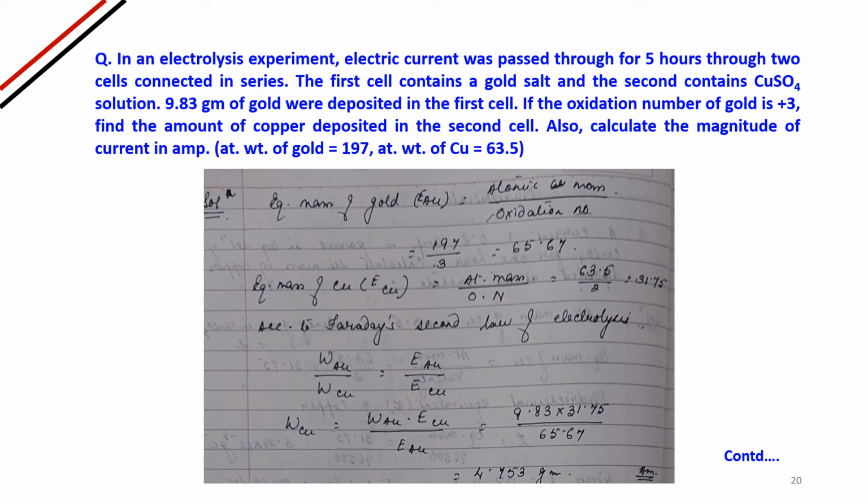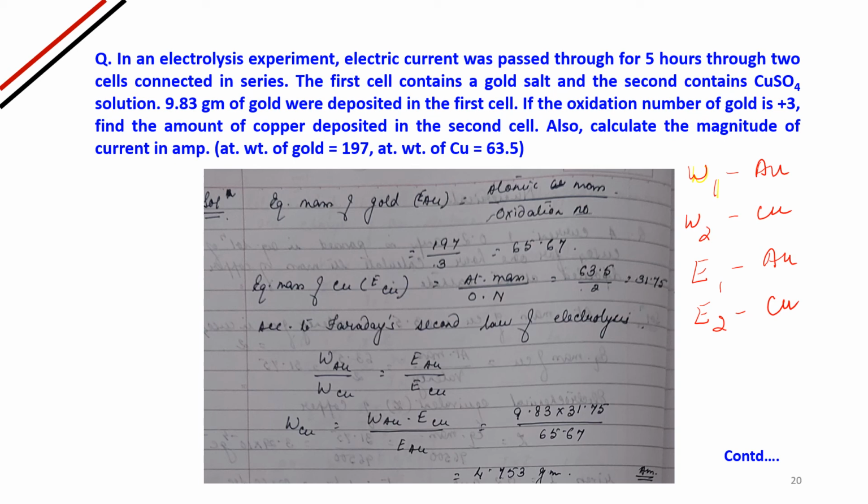Now here W1 is equal to Au and W2 is equal to Cu. Similarly, E1 is also for Au and E2 is also for Cu. So my formula is W1 by W2 is equal to E1 by E2.